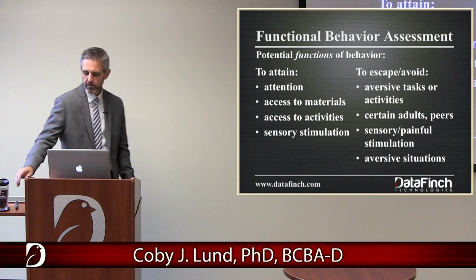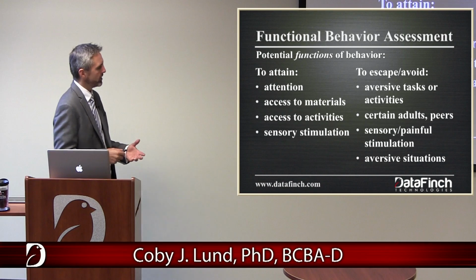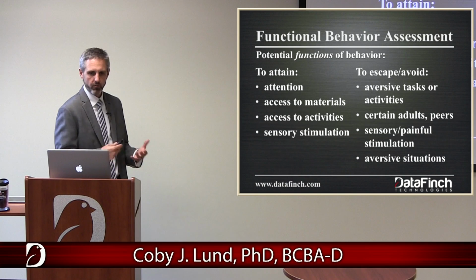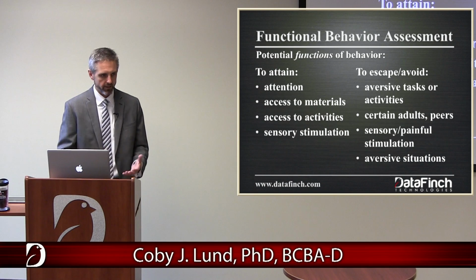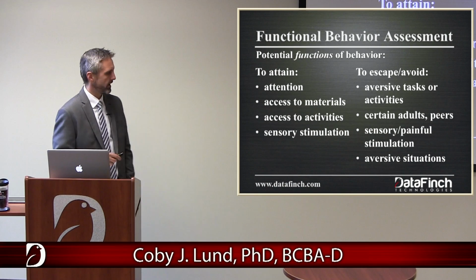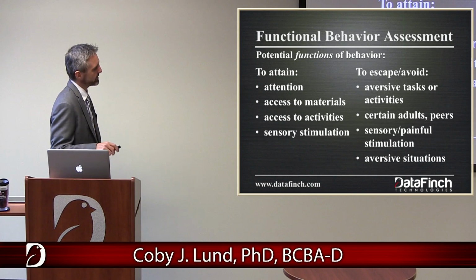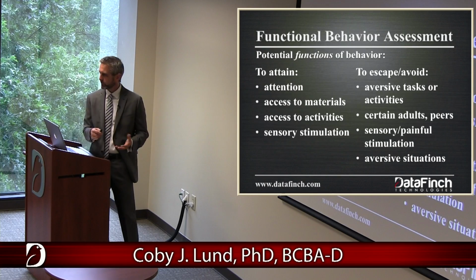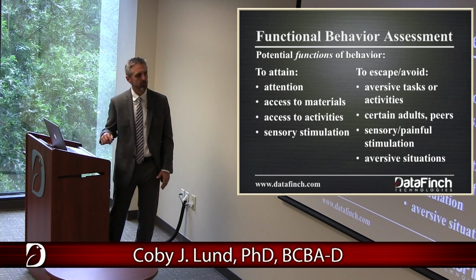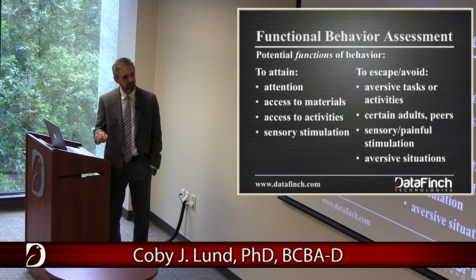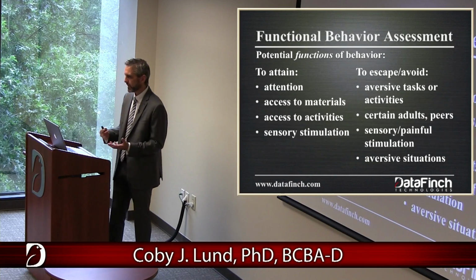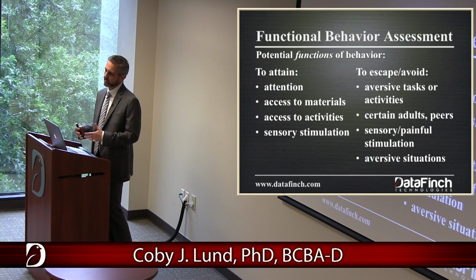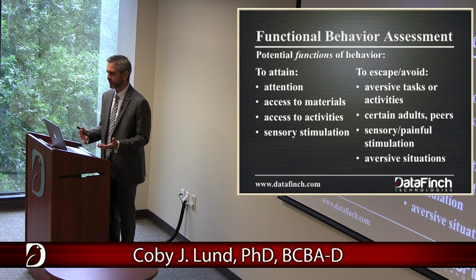And there are a few common ones that I want to mention and I want you to think about as you collect data and interview people and analyze your information and conduct direct observations. You can generally put these functions into one of two categories, and they include to attain something or to get something. So I certainly engage in a variety of behavior to get things.